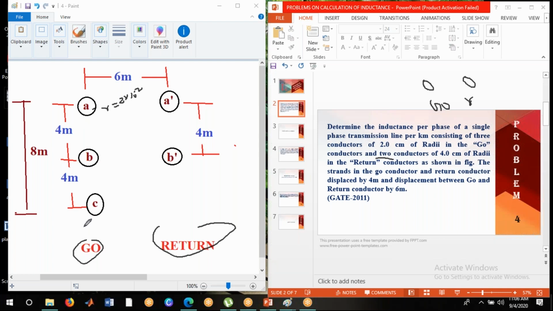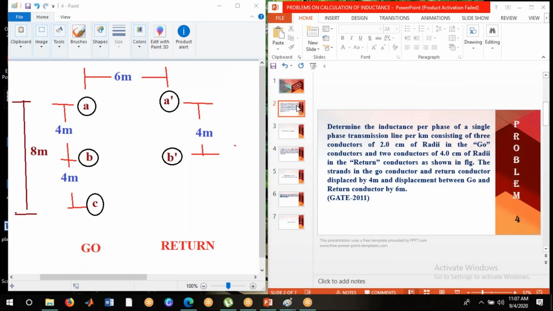The radius of strands in the go conductor is 2 centimeter, and in the return conductor 4 centimeter. The displacement of strands in the go conductor is 4 meters, and in the return conductor also 4 meters. The displacement between go and return conductor is 6 meters. So first of all, we have to form a circuit based on the given data. Then only we can get the proper output here.